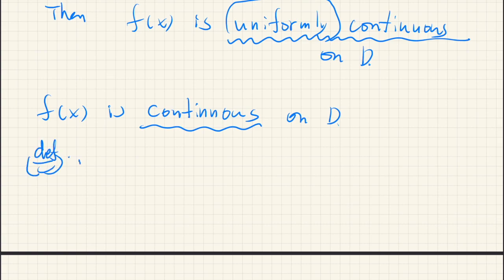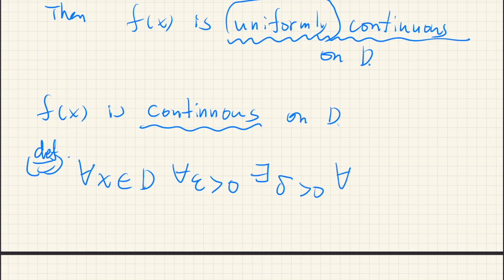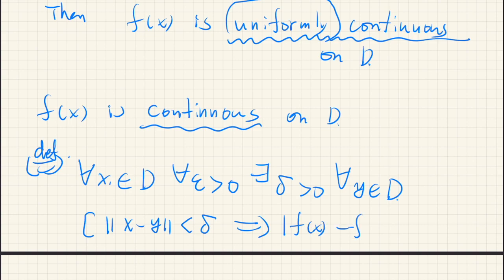That means for all points x in D, for any epsilon that is positive, there exists a positive delta such that for all y in D, we have the following implication: if the distance between x and y is less than delta, then the difference between the functional values at x and at y is less than epsilon.